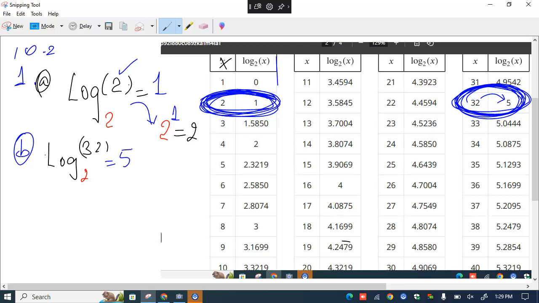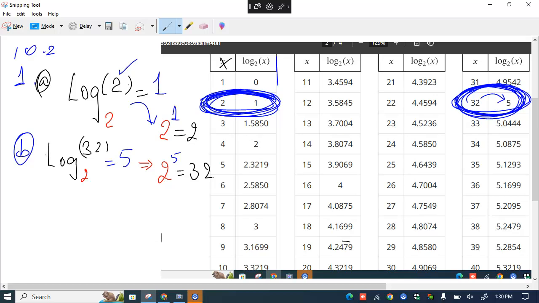Because the table tells us, but what does it mean, to understand and interpret it? It means when the base 2 is raised to the exponent 5, the answer is 32. That's it. See how beautiful this is. When the base is raised to the exponent 5, the answer is 32, and you're done.